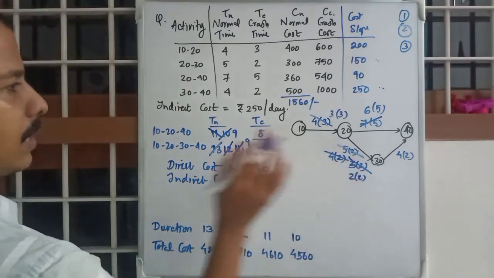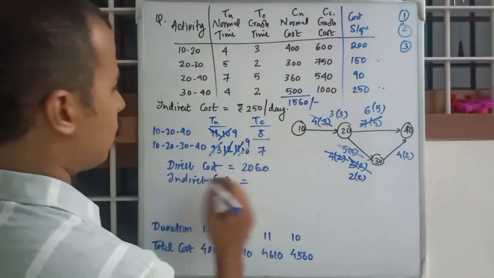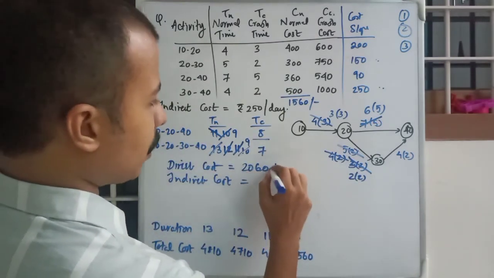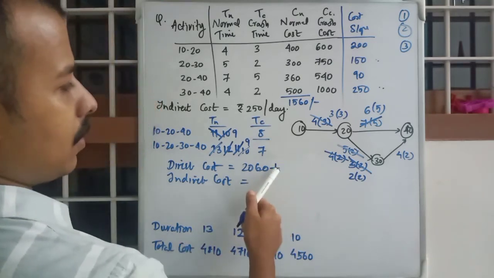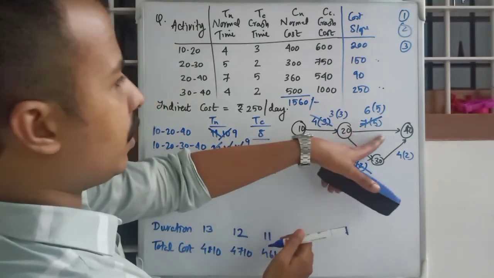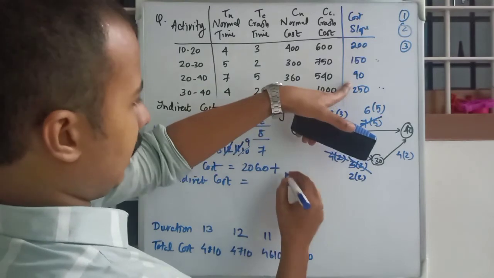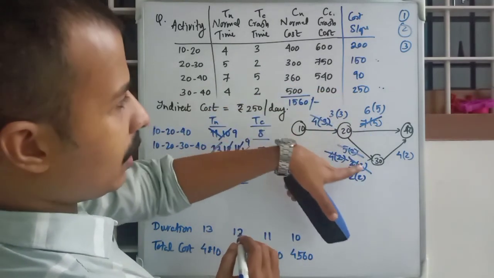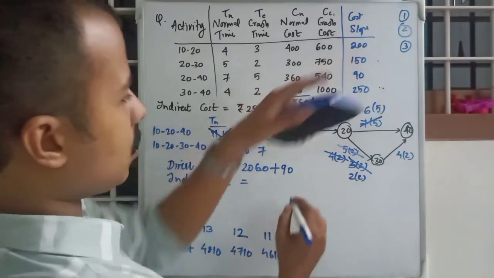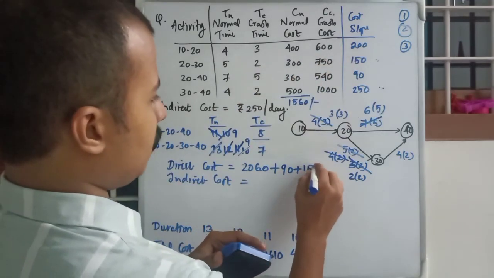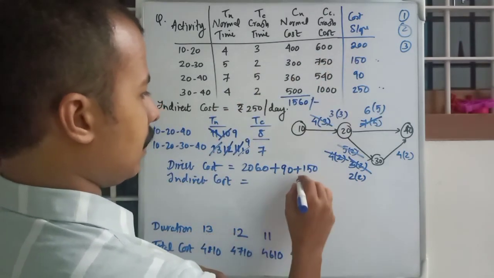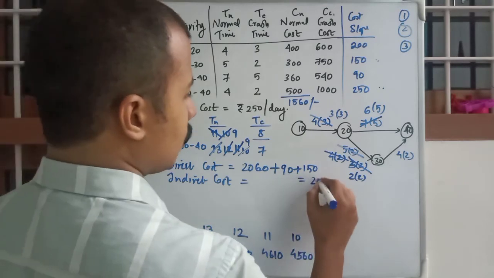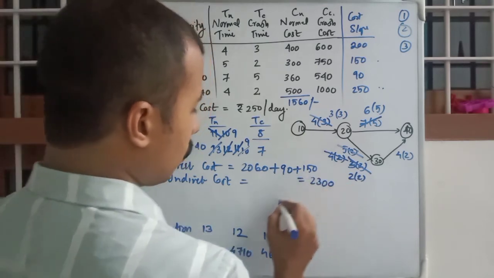And we selected 2030 as it was minimum. Okay, so that was that, and the direct cost was 2060 plus how much? For 2040 it was 90, and we crashed one more, 2030, it was 150. That is equal to 2300.